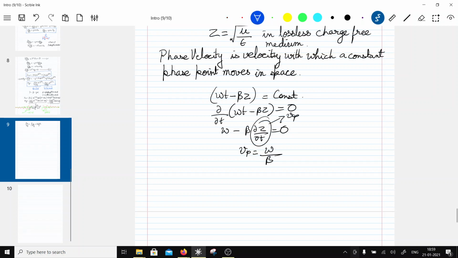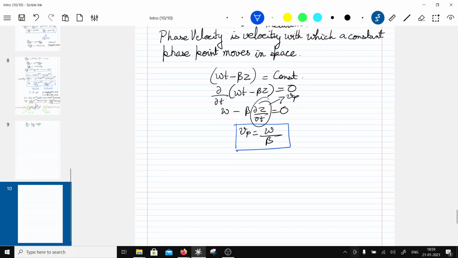So this is another equation which you should remember, right? And we also know that beta is equal to omega root of mu epsilon, right? So then this term would be equal to 1 over root of mu epsilon. Now you see that the phase velocity is independent of frequency.